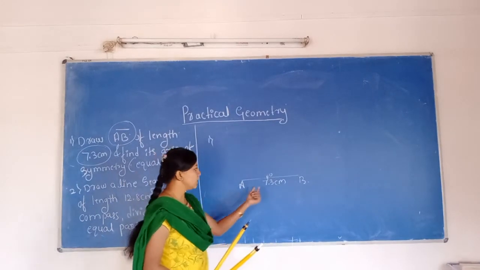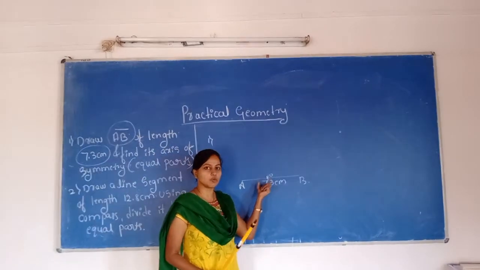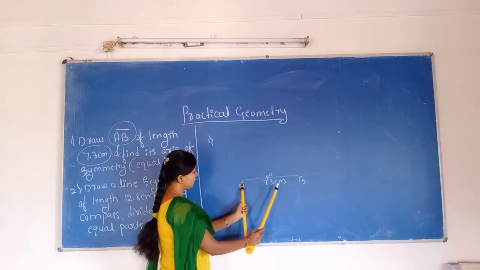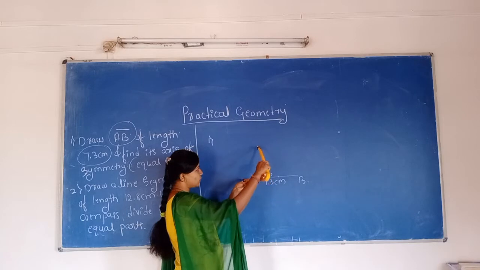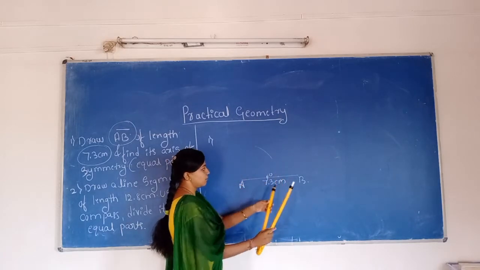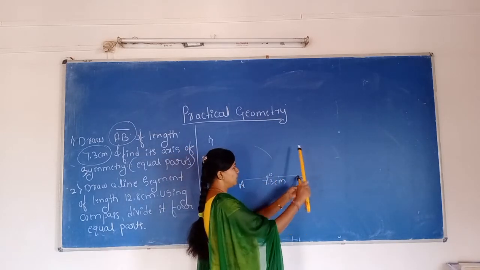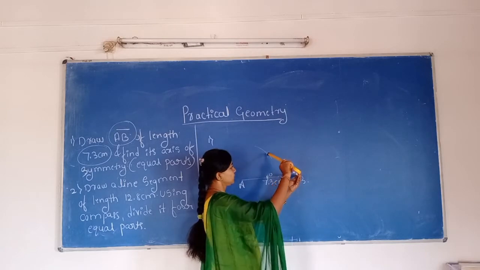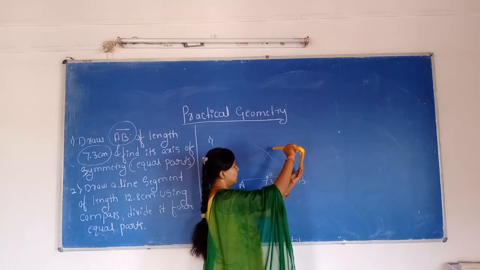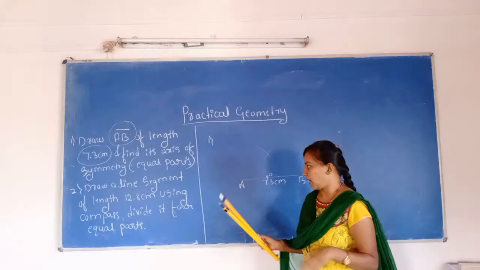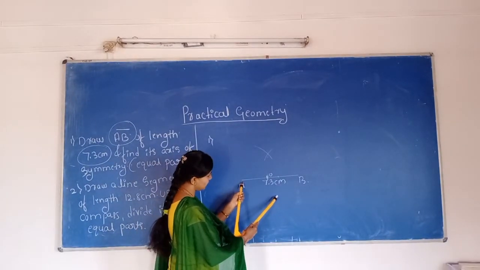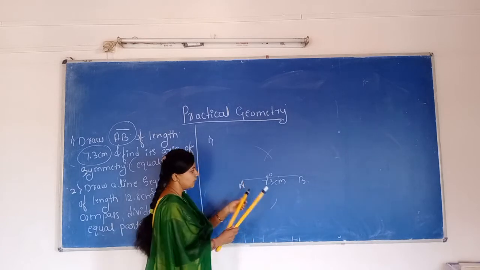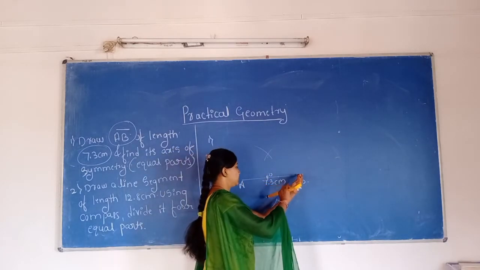We named the middle O, so we have to take more than that. So in this way, next you have to cut from A side. Afterwards you have to cut from B side. Next, again in the lower side you have to take the same measurement from A side and from B side.